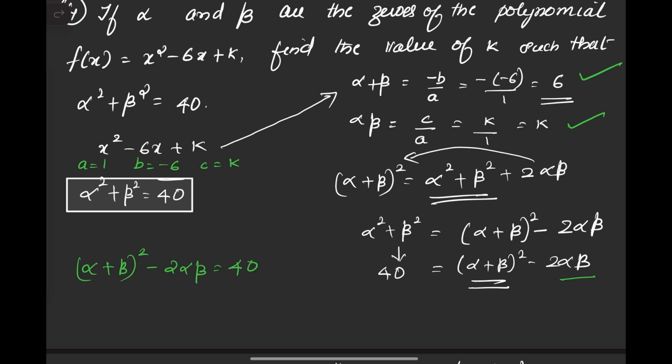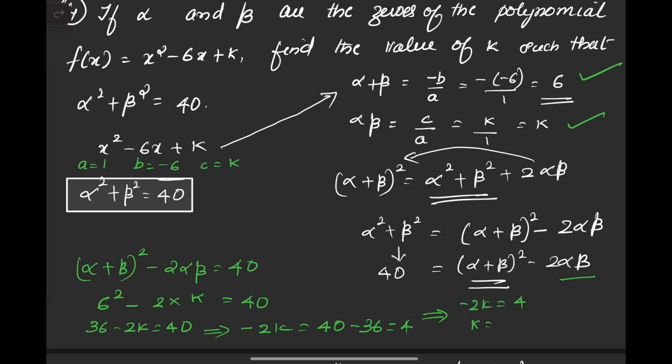We found alpha plus beta as 6, and alpha beta as k. So we have 6 square minus 2k is equal to 40. 6 square is 36, so 36 minus 2k is equal to 40. From here, negative 2k is equal to 40 minus 36, which is 4. So negative 2k is equal to 4, and k is equal to 4 by negative 2, that is negative 2. So the value of k is negative 2.